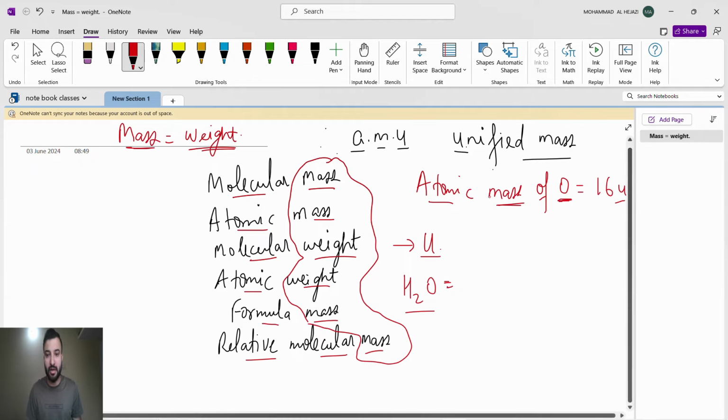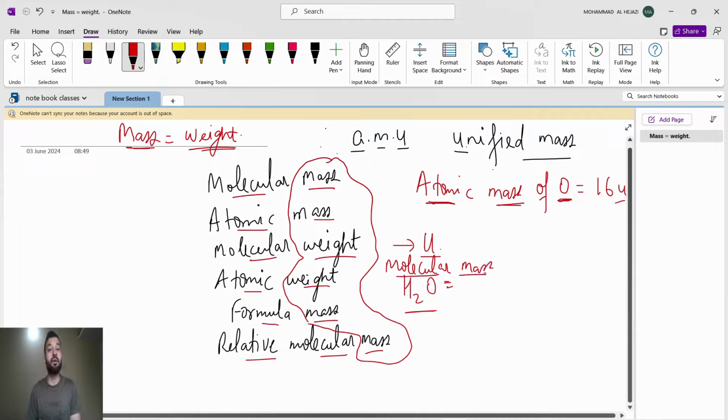So for this element we say atomic mass. But H2O is a compound, and compounds are made up of molecules. So we will say it is a molecular mass.